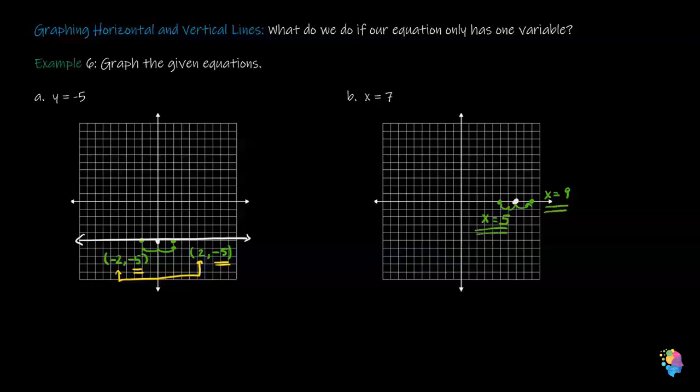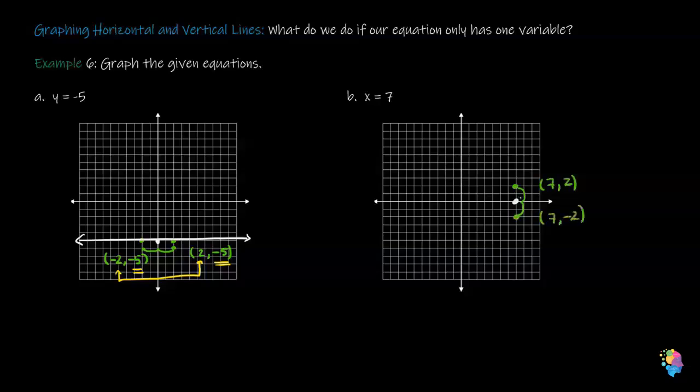So if I move left and right, my x's are no longer 7. So that means that I cannot move left or right. Let's see what happens if I try to move up and down this time. So if I move up, this point will become 7, 2. And if I move down, this point will become 7, -2.